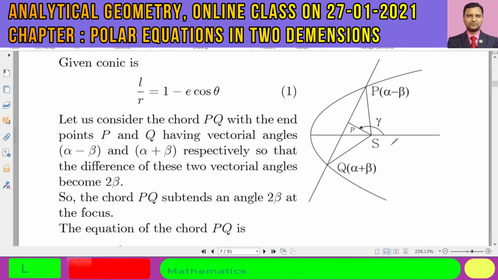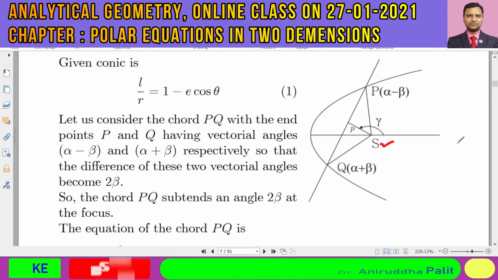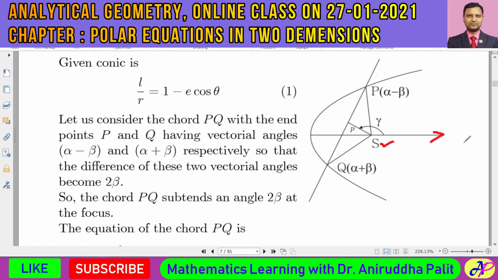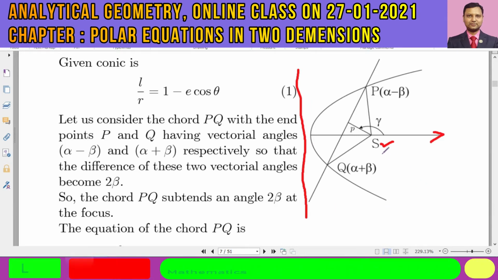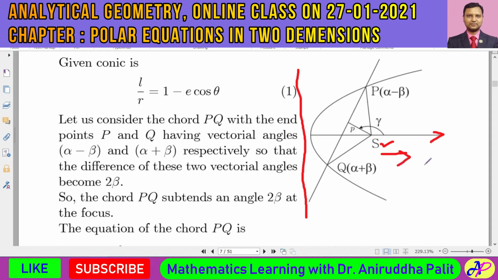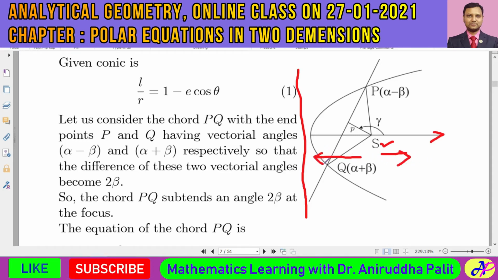Because it is minus, we can say that with respect to the focus S, the direction of the initial axis and the position of the directrix would be in opposite directions. The initial axis is in the right side, the directrix is situated on the left, and vice versa, of course.